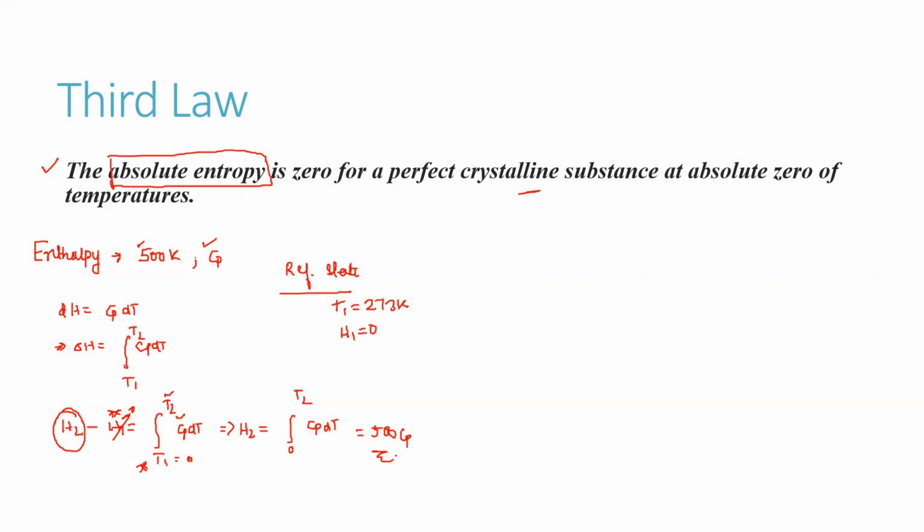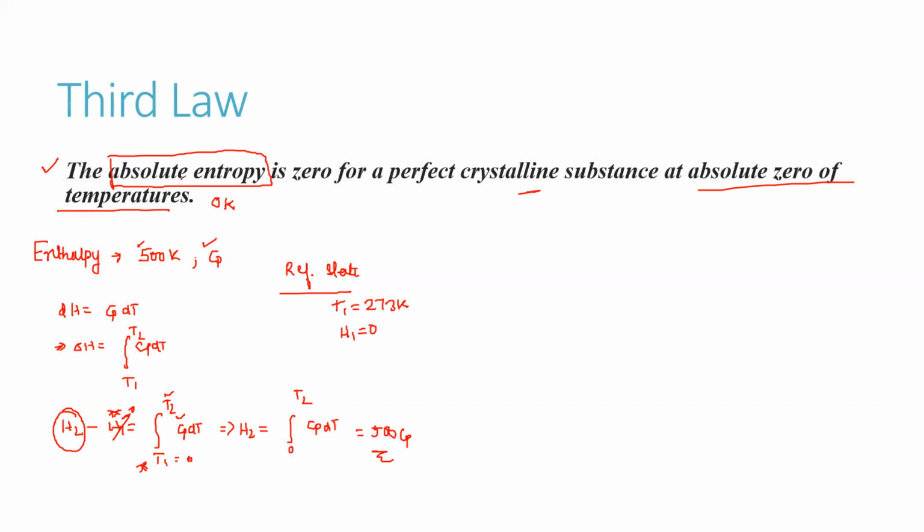But the third law solves this problem for the case of entropy. For the case of entropy, the third law is very helpful in solving such problems. It clearly states that the absolute entropy is 0 at absolute 0 of temperature. Absolute 0 of temperature means 0 Kelvin.